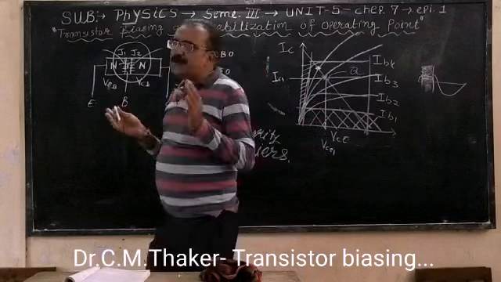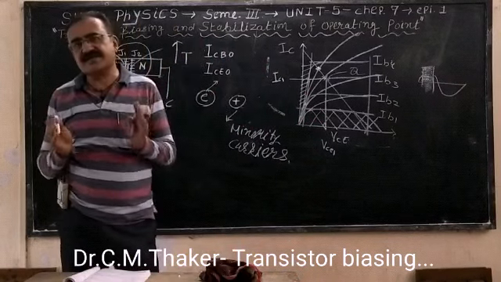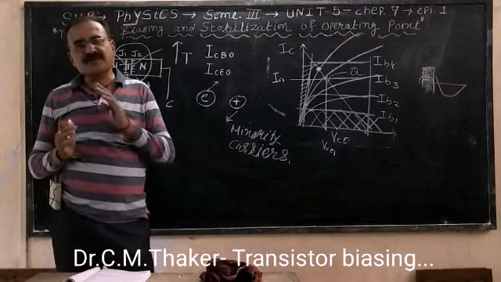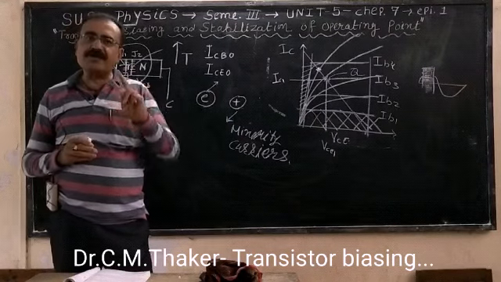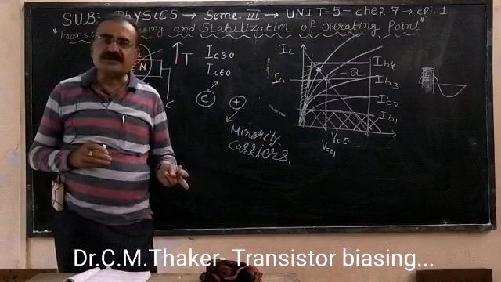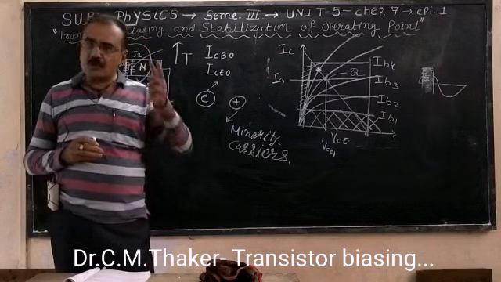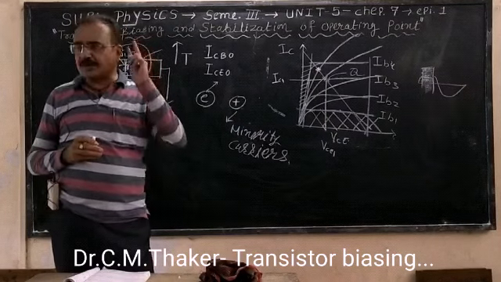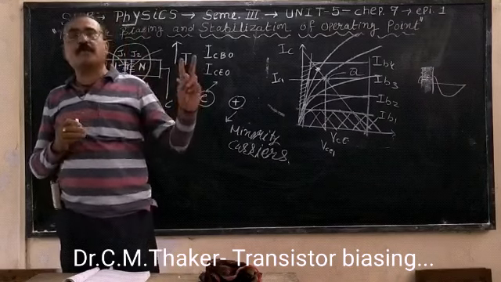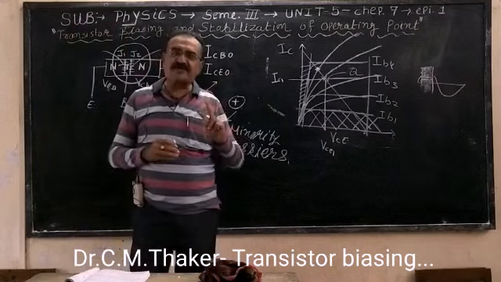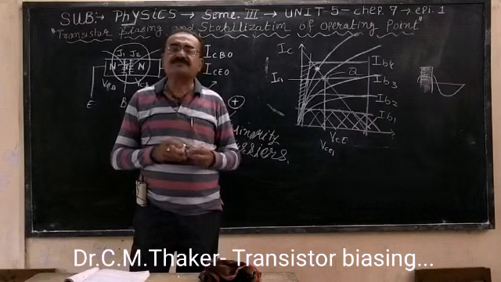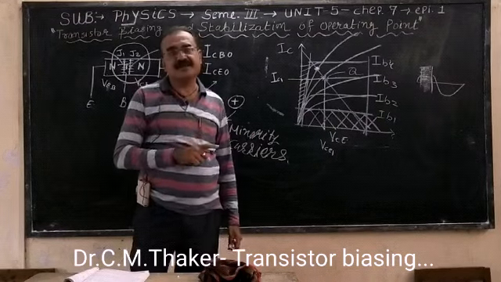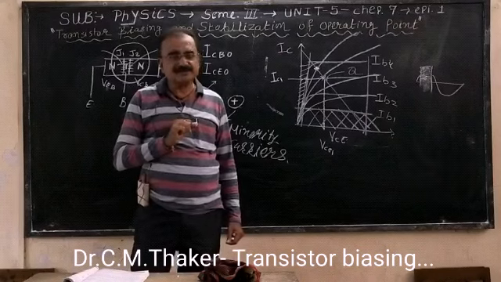So whenever you connect the transistor in a circuit, you must be careful about two things. One thing is that your operating point must be constant, your application must be constantly performing, and you must avoid damaging your devices.